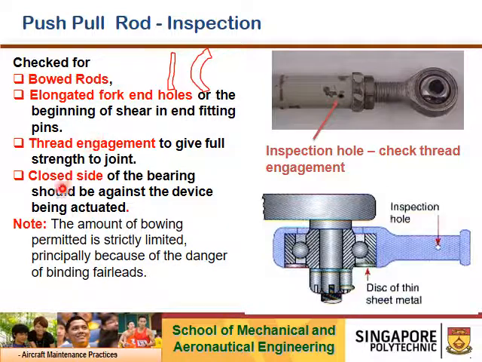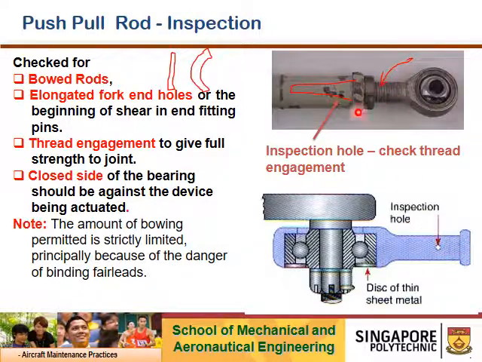Then the fork end hole is not elongated. All right, the thread engagement, there's an inspection hole. This is a female threaded part.